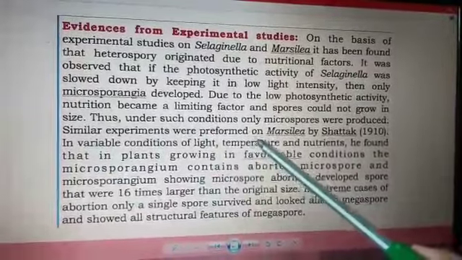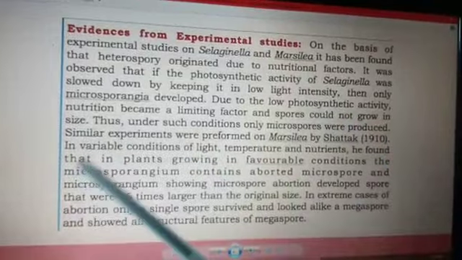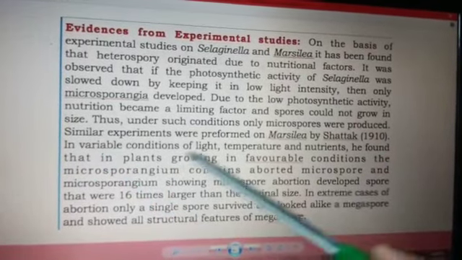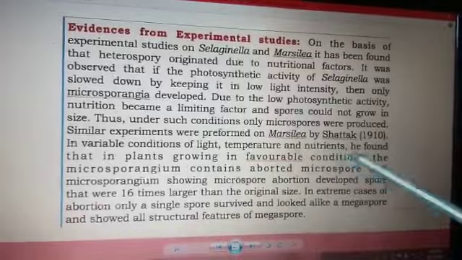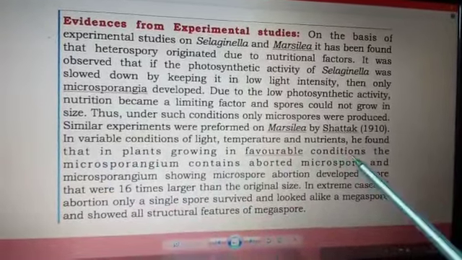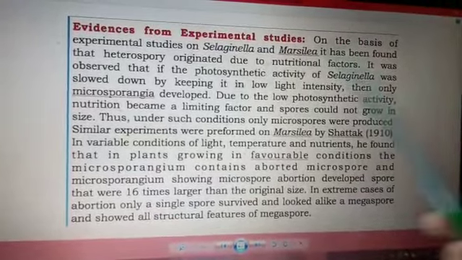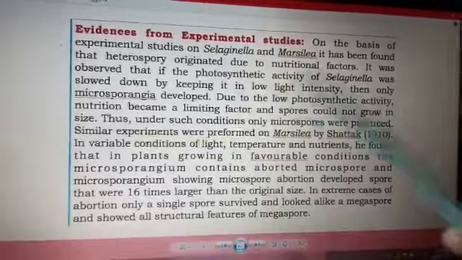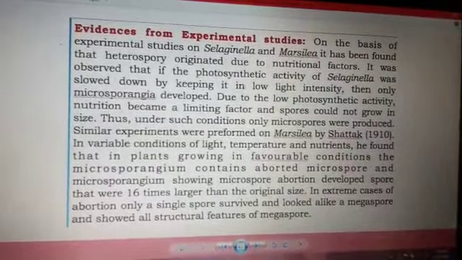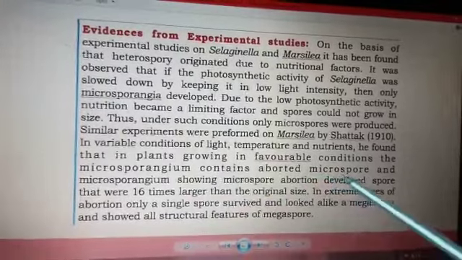Similar experiments were performed on Marsilea by Shattuck in 1910. He took variable conditions like light, temperature, and nutrients. He found that in plants growing in favorable conditions, favorable in the sense everything is fine, light is abundant, temperature is suitable, and nutrient condition is also fine, the microsporangium contains aborted microspores.